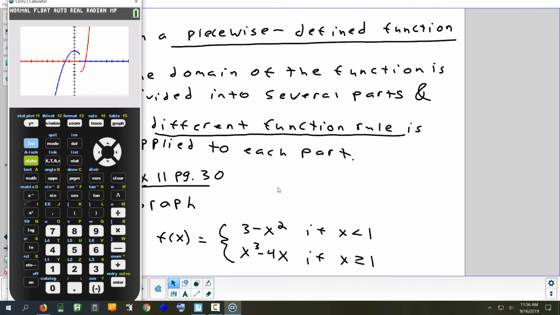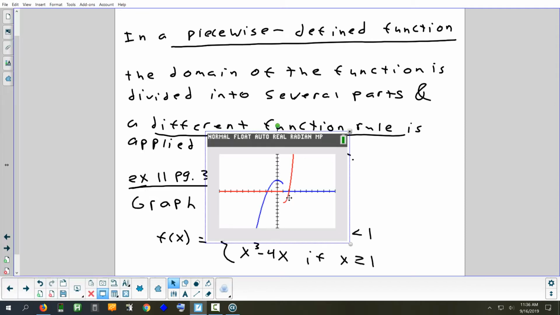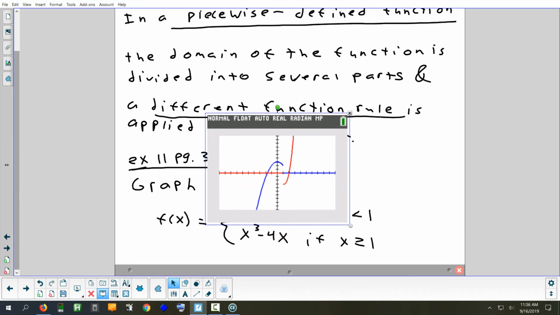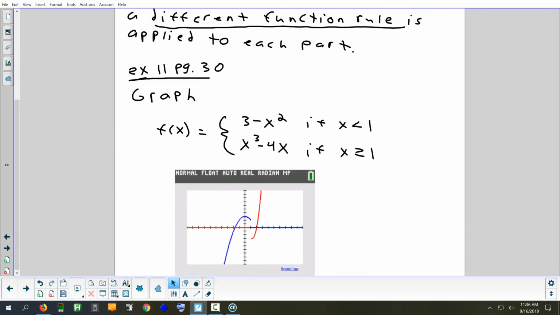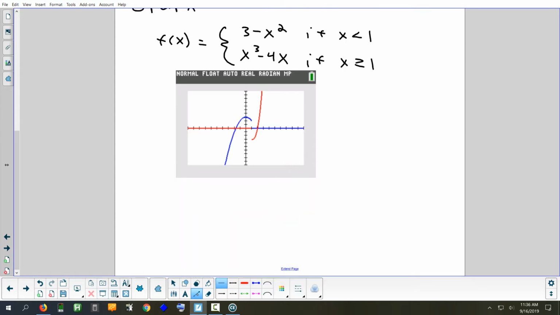So, I'm just going to draw over that part in black and show you what it should actually look like. Okay, so there's your axis. Close enough. So it's two separate graphs.